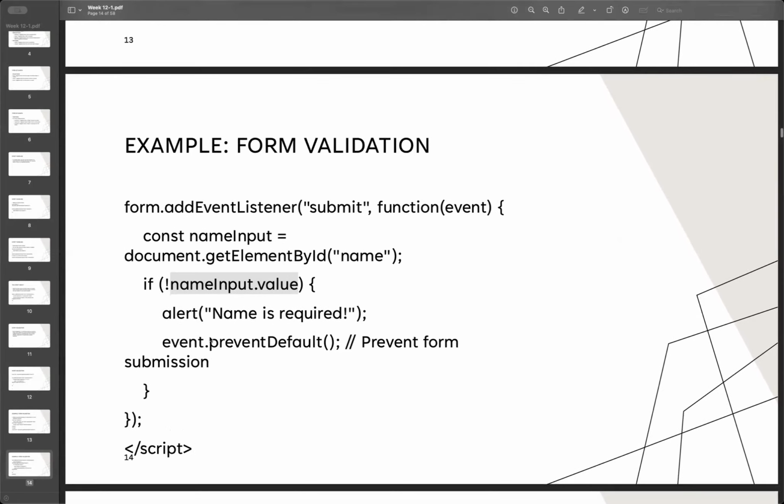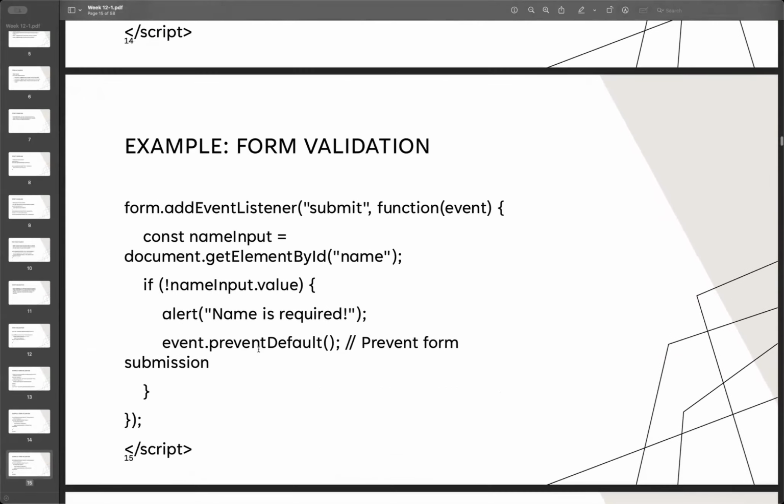If not, that means it doesn't contain a value. If we have a false value or empty, then we go to false, and with the not it becomes true. So if true, then we alert that the name is required, and then maybe we'll prevent default. So we are not sending the data to the server, so we prevent the submission using preventDefault right here.